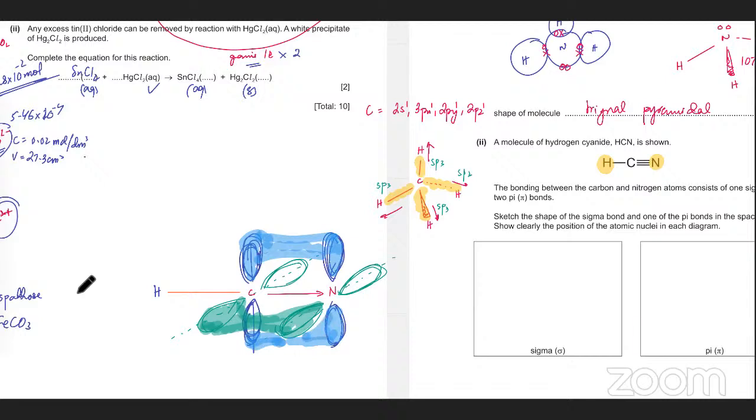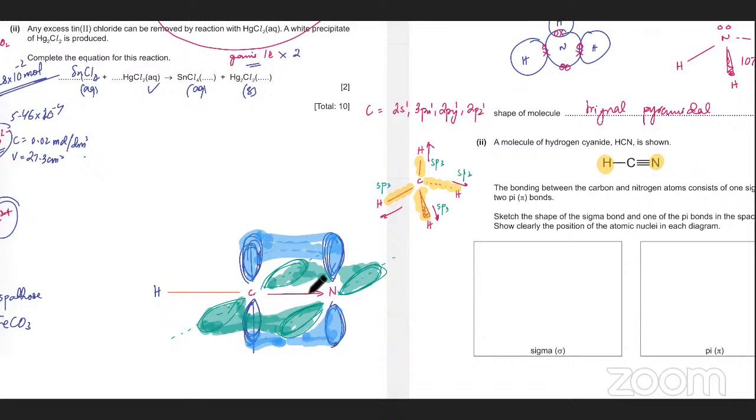So they're going to overlap above and below, and there's going to be an overlapping that would be behind this as well. So it's going to be 2 pi bonds. There's going to be 2 sigma bonds. Those were the first bonds that were formed.